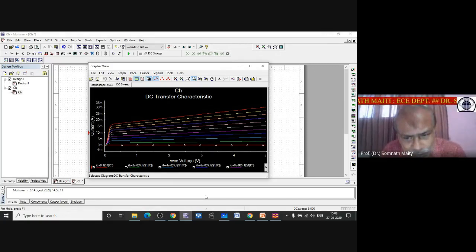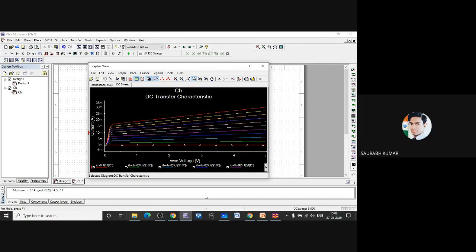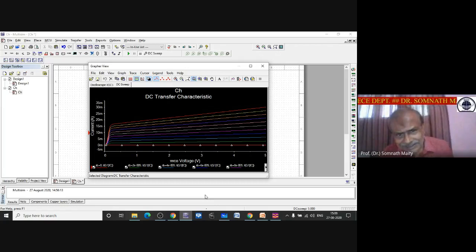Is it clear? So this is for base current 0, this one in red color. Then green is for base current, increasing in steps of 20 microampere. So in total there are 10 characteristics.